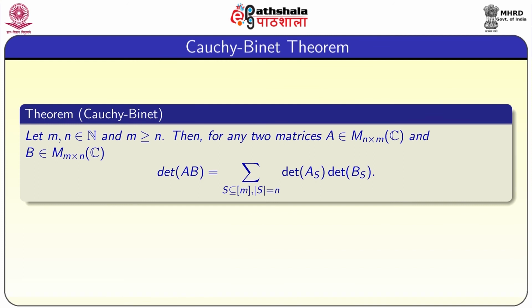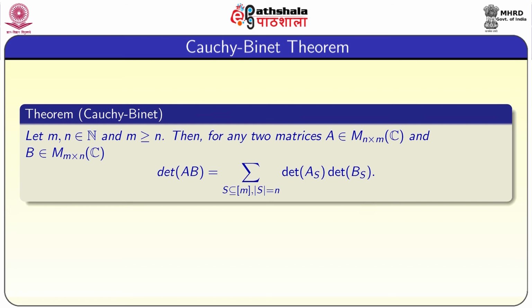So, this is one of the famous theorems, the Cauchy-Binet theorem. Let M, n belong to the natural numbers with M greater than or equal to n. Then for any two matrices A belonging to the set of n by M matrices with complex entries and B belonging to the set of all M by n matrices with complex entries, the determinant of AB is equal to the summation over S, a subset of box of M with cardinality of S equal to n, of the determinant of A_S times the determinant of B_S. So, the determinant of AB can be evaluated in this way.